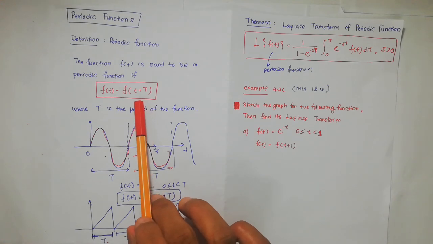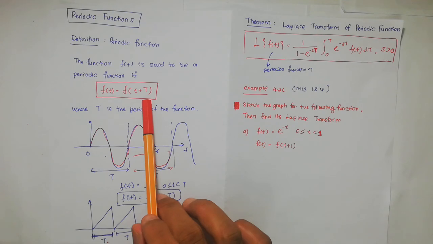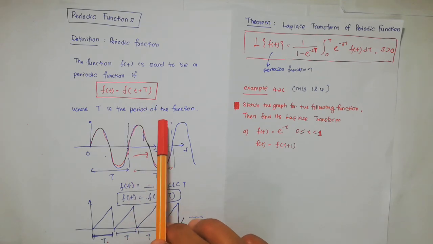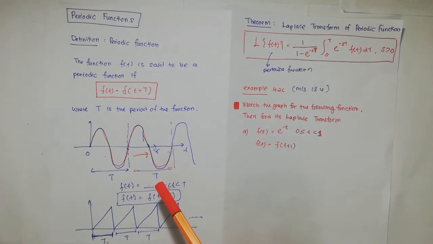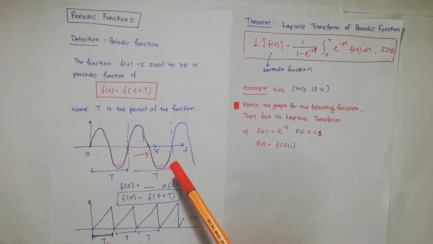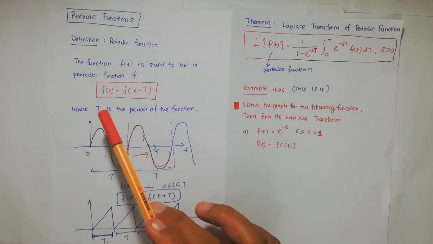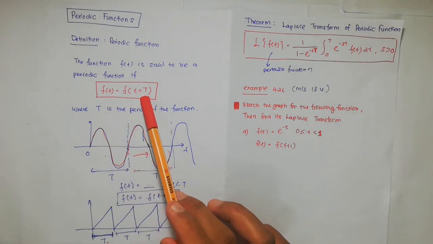So a periodic function must meet this condition, where T over here refers to the period of the function. The main characteristic of a periodic function is that the graph repeats over and over again until infinity. So that's the reason for the definition f(t) equal to f(t plus T).